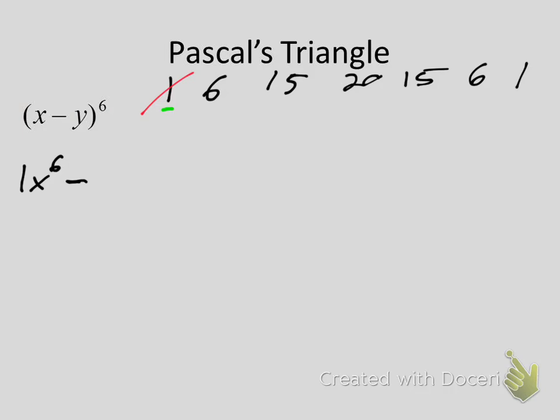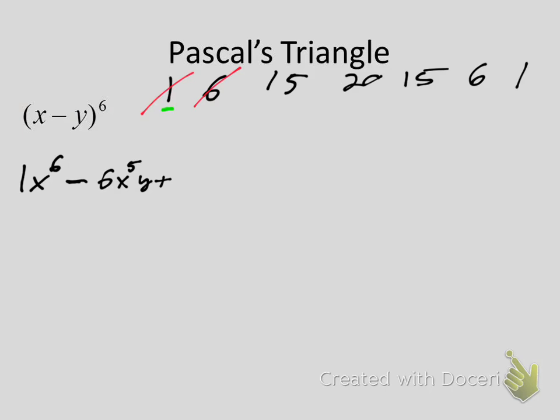Your next coefficient is 6. Then you have x, which this time is going to be to the 5th, and you start your y's. We're done with this guy. Your next sign is a plus.